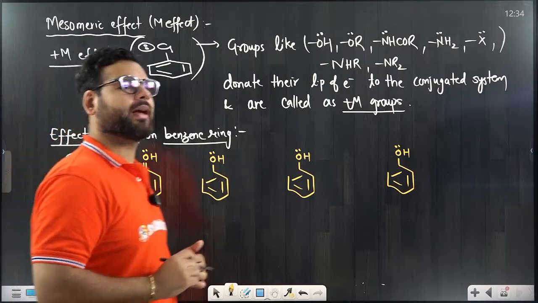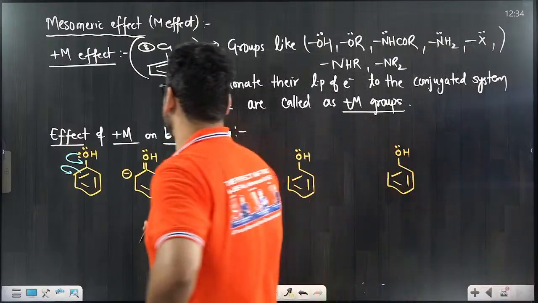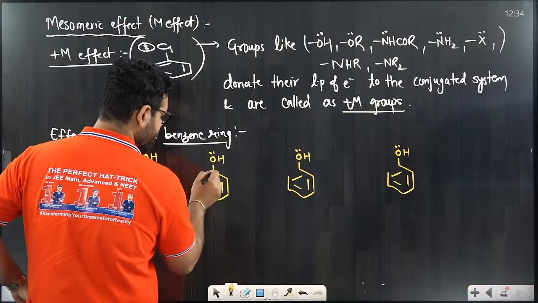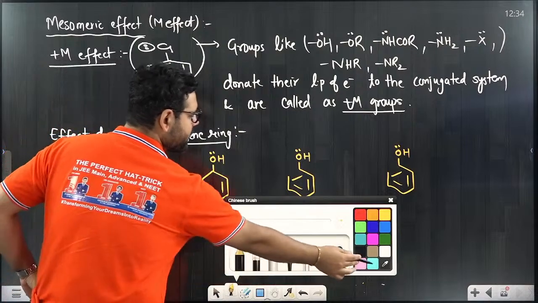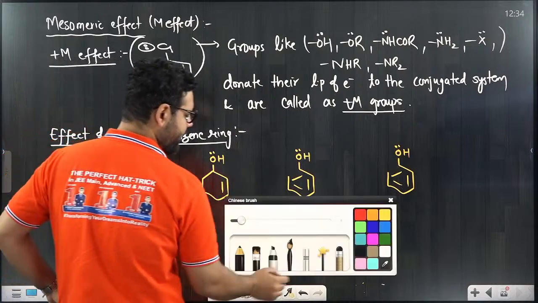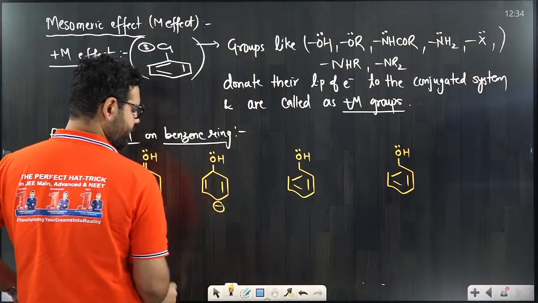So the lone pair has sent its electron to only the ortho position till now. Then minus becomes pi, pi becomes minus. This minus becomes pi here, this pi becomes minus here. So we get a pi bond here and a minus charge here.